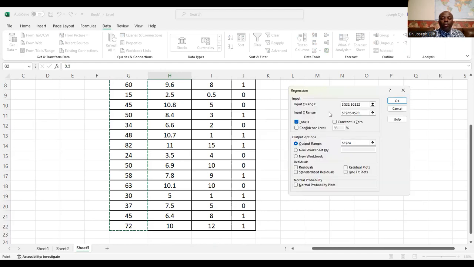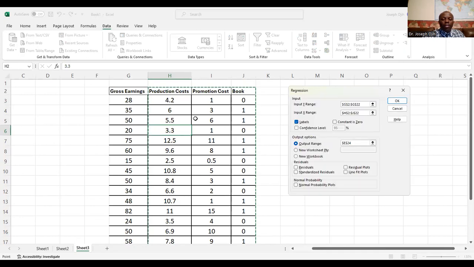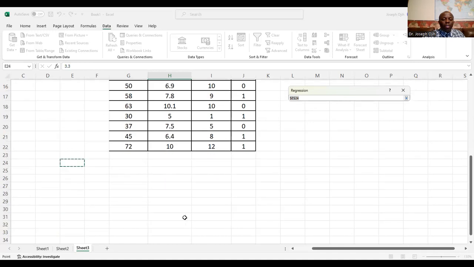For the input X range, I'm going to choose the 3 independent variables. Labels, I'm going to check labels because I have the titles included. Then for the output range, I'm going to choose here.